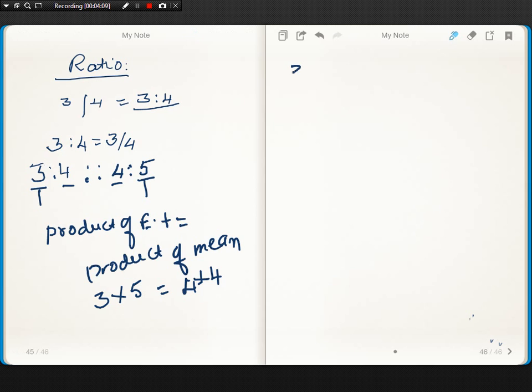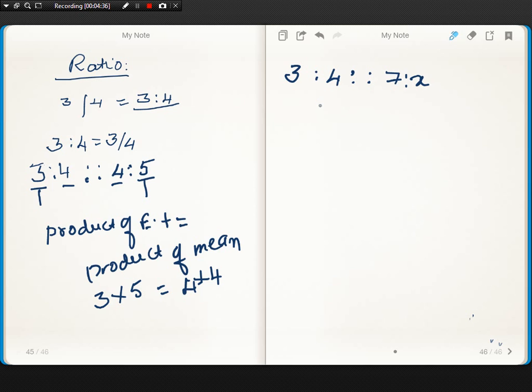Suppose a ratio has been given to you, 3 is to 4, and another ratio has been given, 7 and x. Whenever you are asked to find the fourth proportion of the given proportion, how do we find x? x is the fourth proportion.